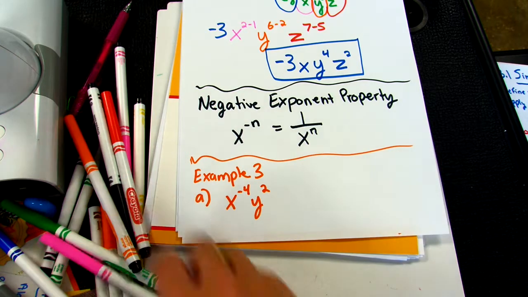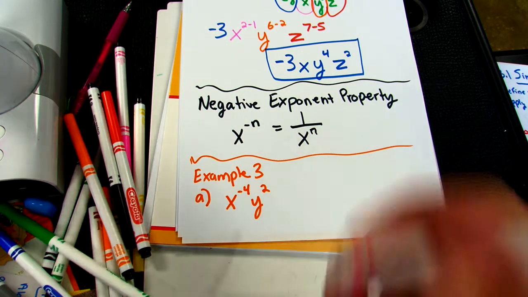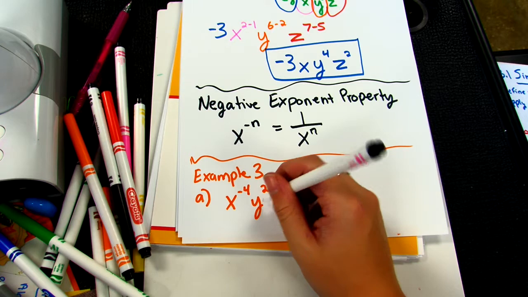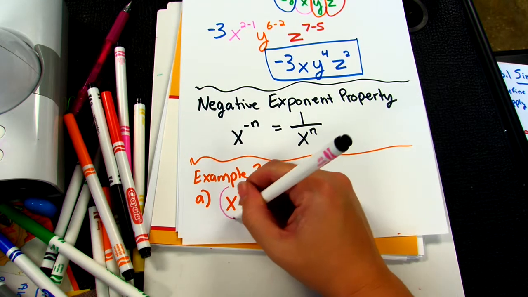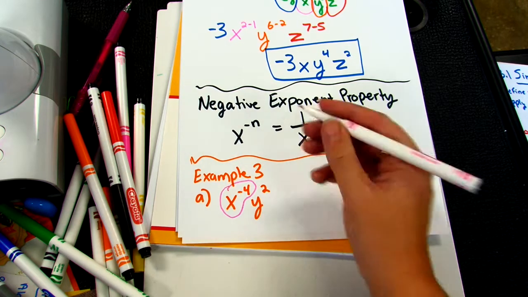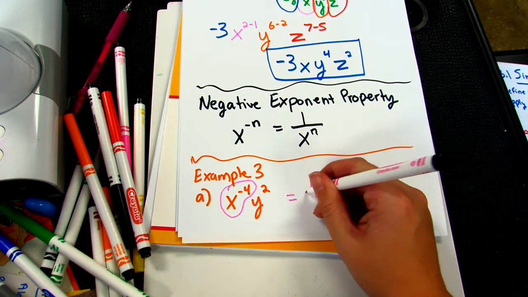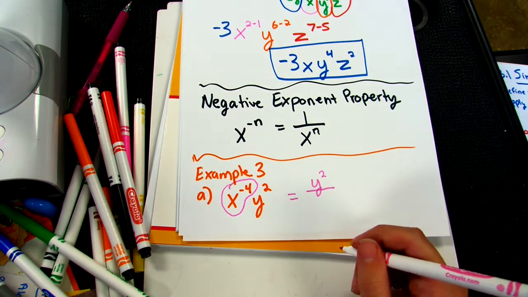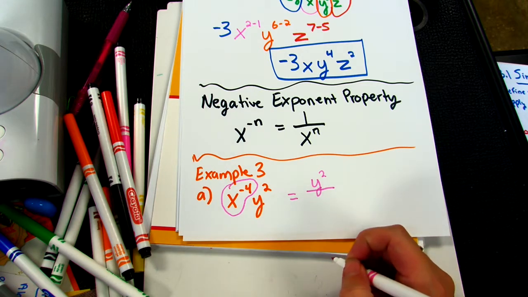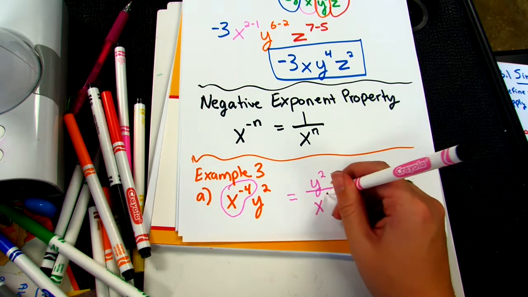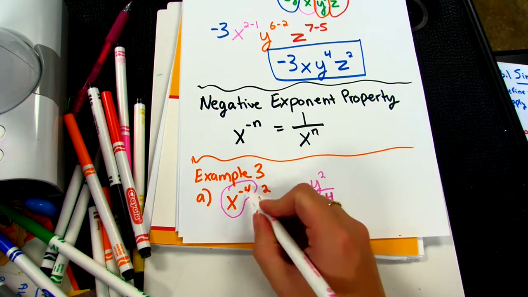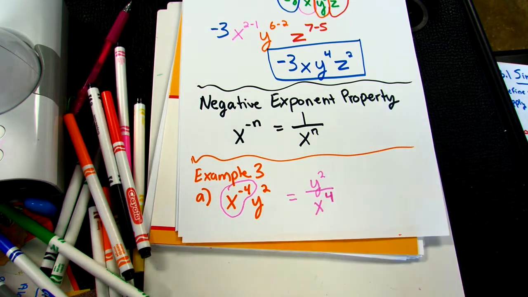So for example, for this x to the negative 4th times y to the 2nd, the only thing that's going to move is x to the 4th. So y to the 2nd is still going to stay in the numerator, and in your denominator you're going to have x to the positive 4, because when it moves, it becomes positive.